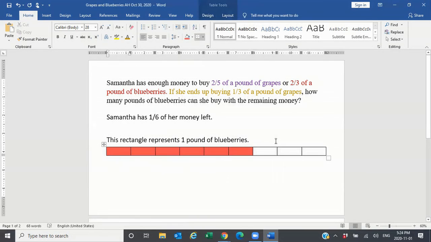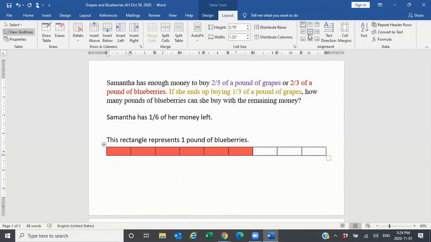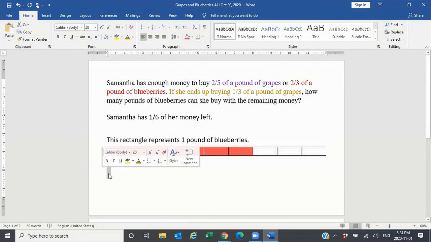Now, this is how she could buy 2/3 of a pound of blueberries before. Now she only has 1/6 of her money left. 1/6 of 2/3 is 1 cell here. All right, a B for bought. So now we know our answer.